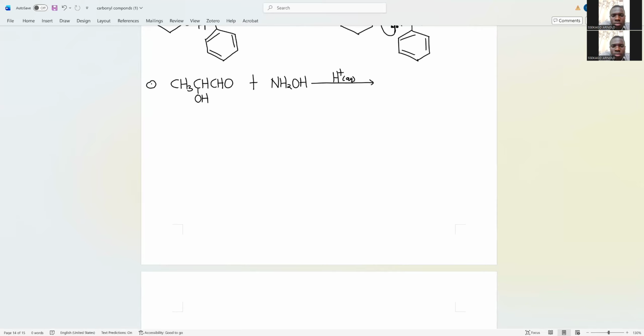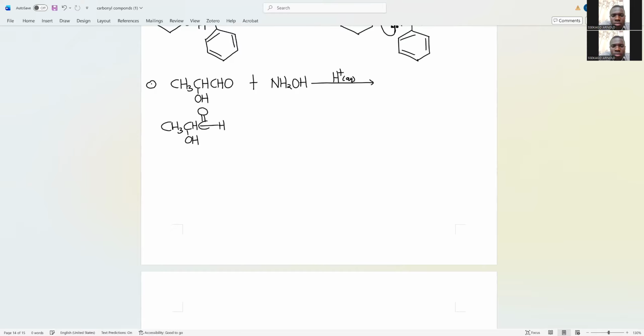So in presence of a proton, we start with protonation. We expose the site very well. In this case, it is the carbon to oxygen double bond.